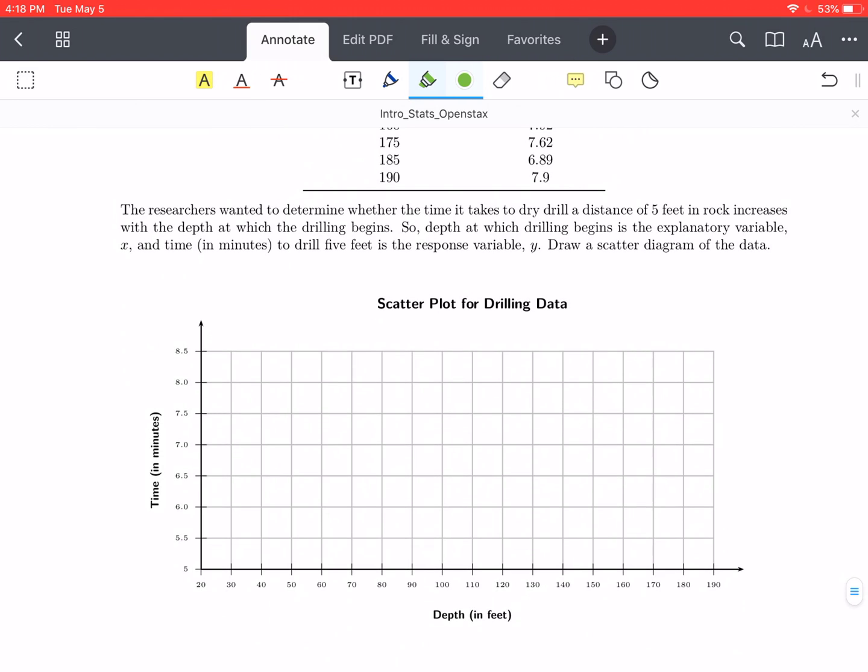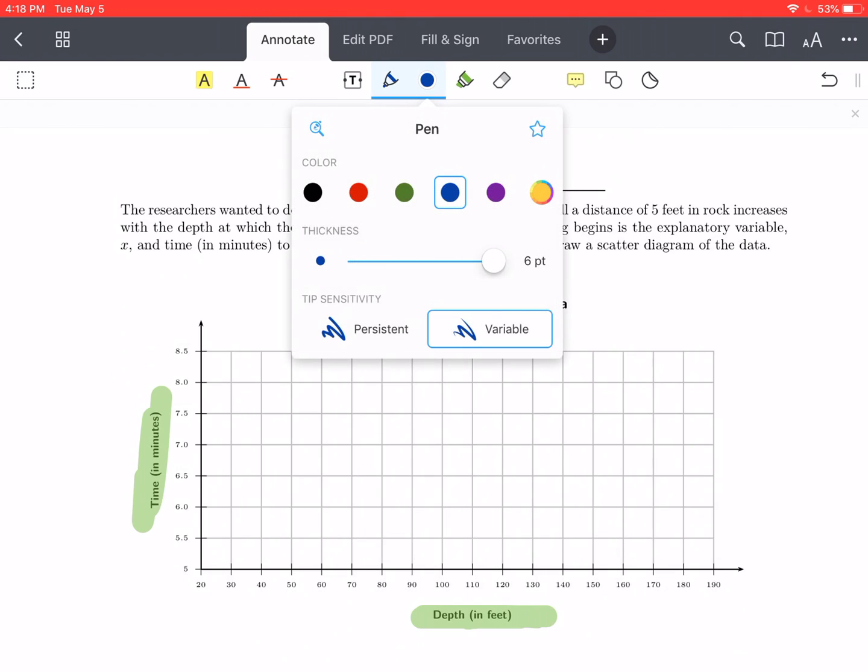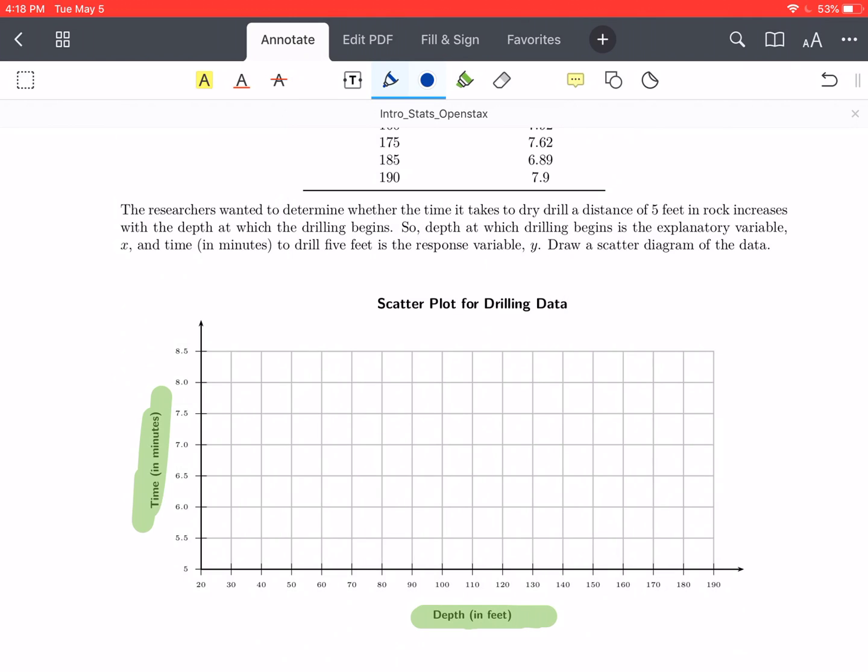The depth is going to be the first column, and the time is going to be the second column. That first one, 35 feet deep, gives us a time of 5.88, so that's going to be right about there.